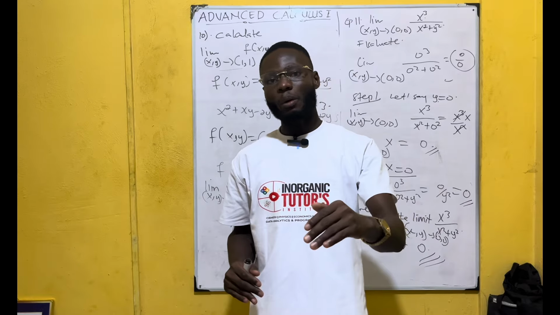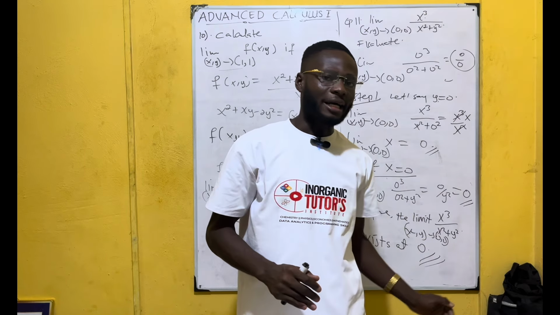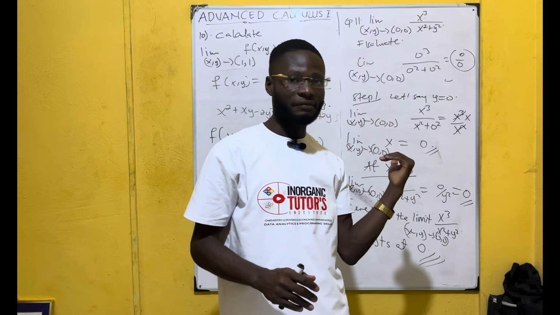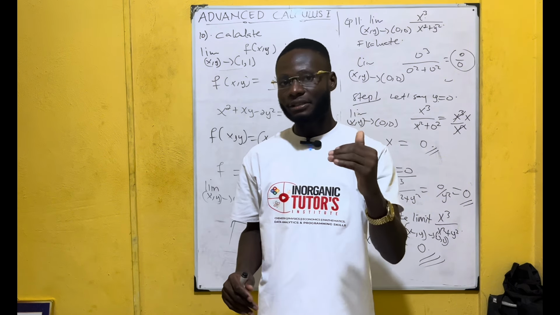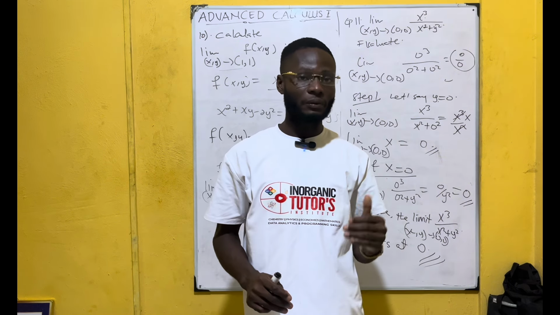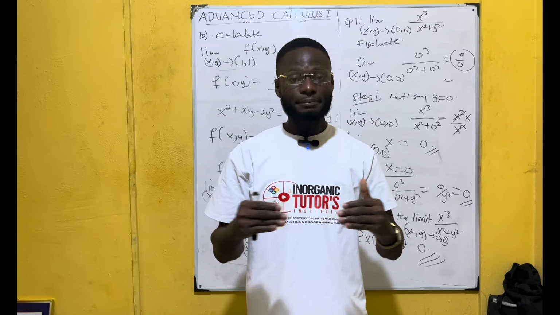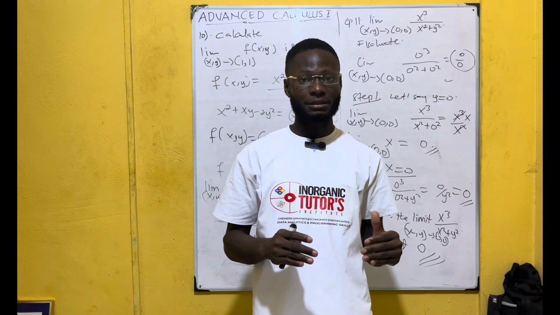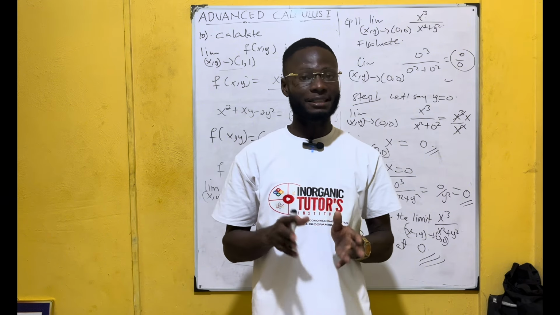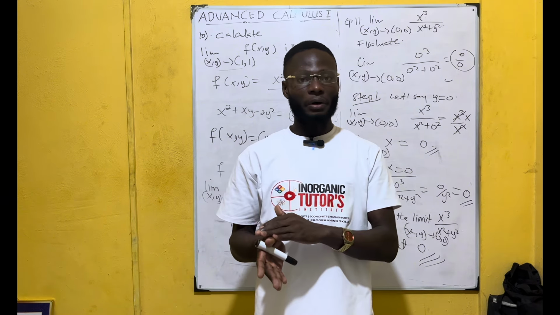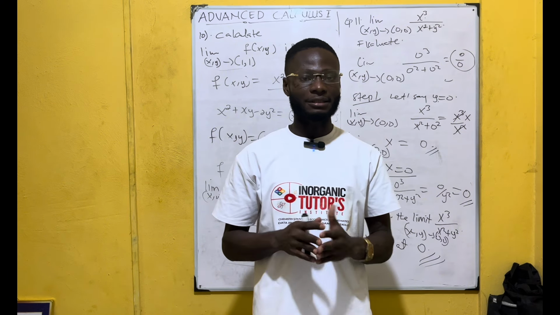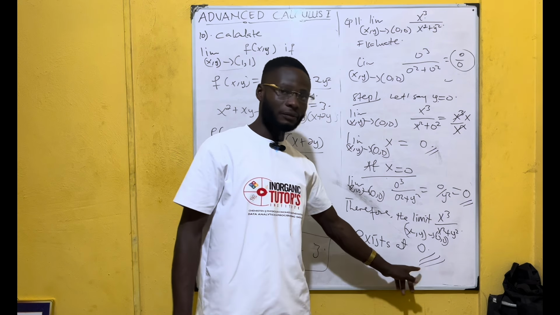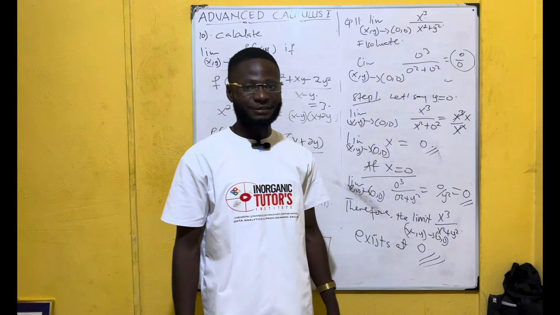If you try y equal to 0 and you get a result, let's say 0 as we have here, and you try x equal to 0 and you also get 0, it means you obtained the same result for different paths, so the limit exists. But if it's the other way around, then the limit does not exist. But in here, we have the limit existing at 0. That is question number 11.